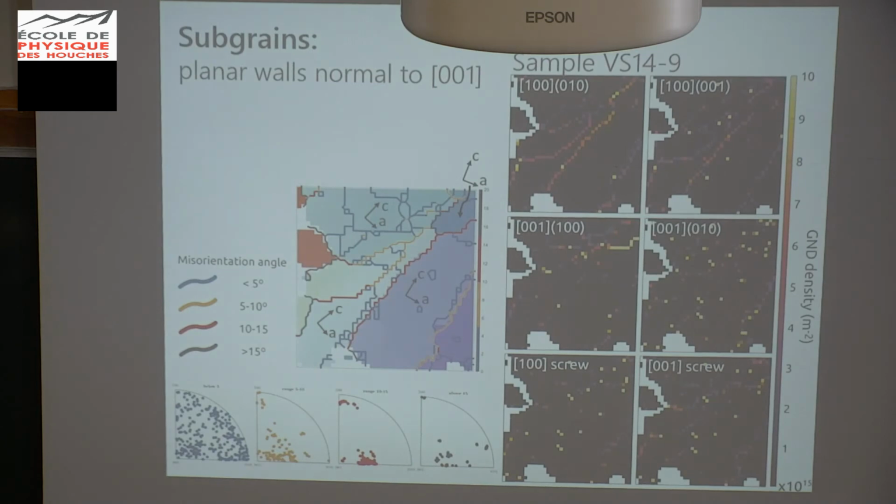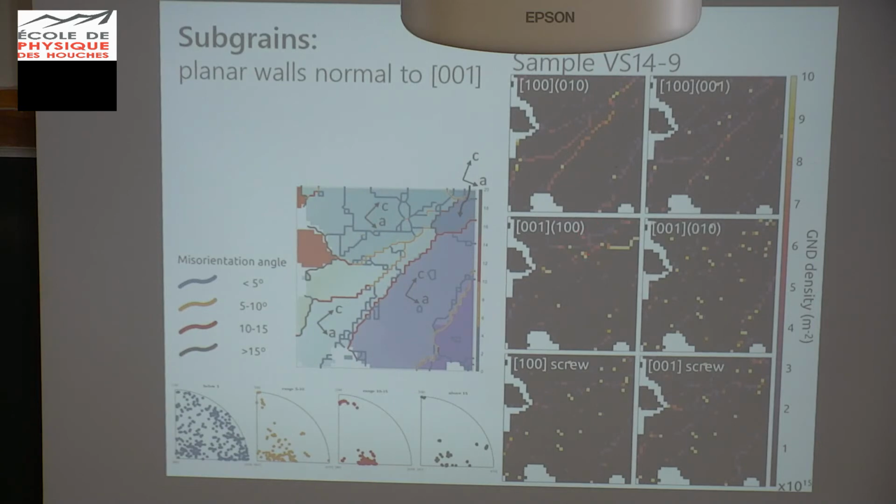Okay, and this is another completely different sample. I'm going to focus on this one, where you can see the formation of a subgrain cell and these subgrain walls here that run perpendicular to the normal to A, the typical ones that we already see with dominant A. But then to close this subgrain cell, we need another dislocation type, and in this case, this C type.